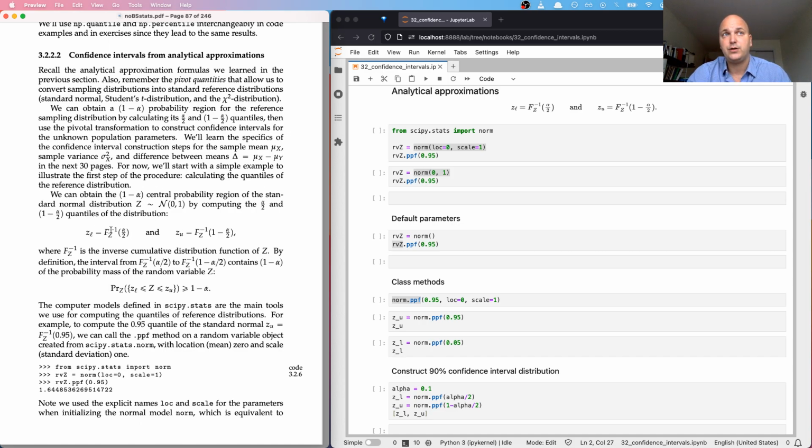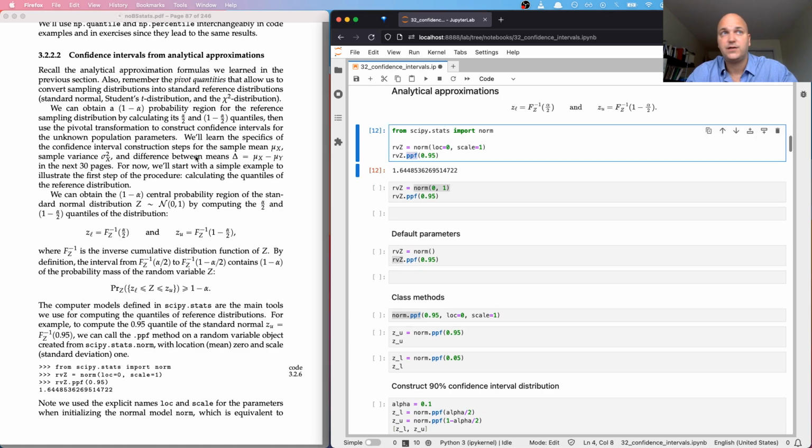This is the location of the lower alpha over 2 quantile, and this is the upper alpha over 2 quantile. The equivalent of the inverse cumulative distribution function in Python is called the PPF, percent point function. Same thing, that's the name of the function. They could have said capital F inverse.